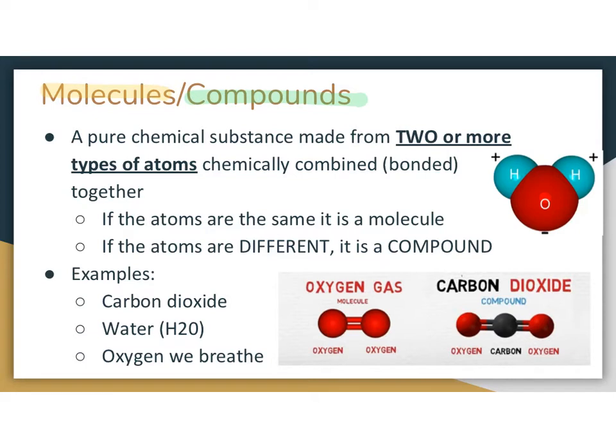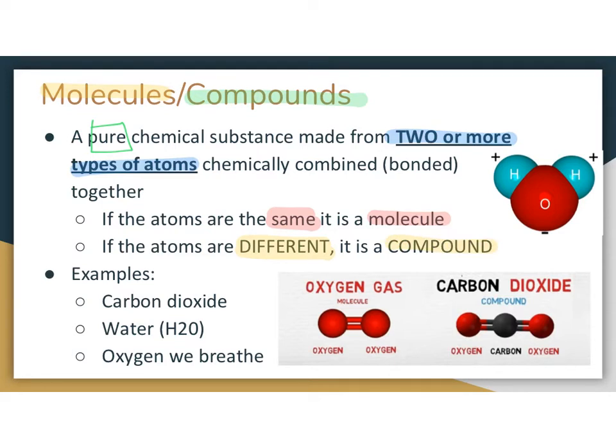These are, again, that really important word there, pure chemical substances made from two or more types of atoms that are chemically bonded together. If the atoms are the same, it's a molecule. If the atoms are different, it's a compound.